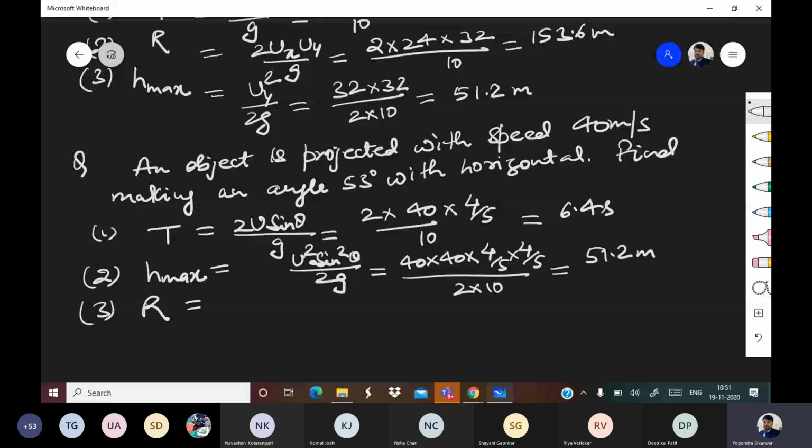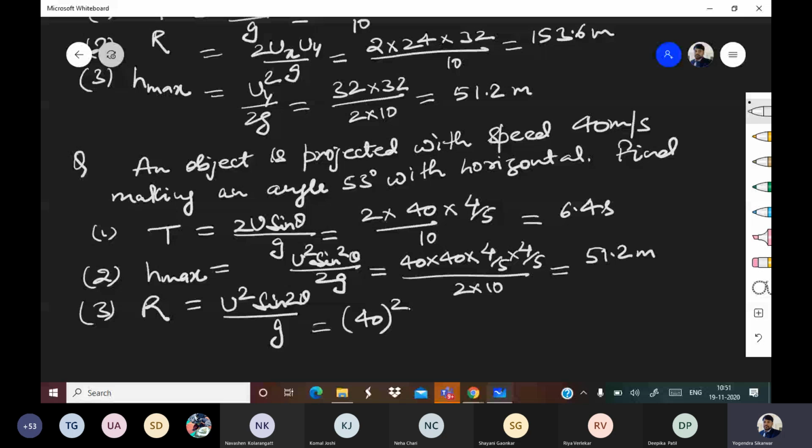R is equal to 2 into ux into uy by g, and that will be 2 into ux. Ux means 40 cos 53. No, no. Actually, the formula is u square sine 2 theta by g. U square means 40 square.